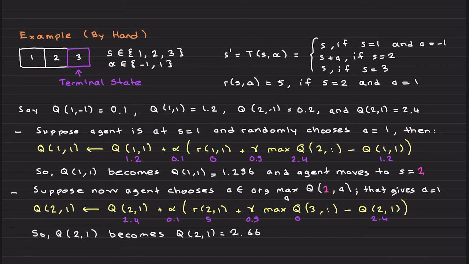I am not updating because if you reach the third, terminal state, the game is over, so 0. Minus the current value, 2.4. If you do this computation, this side becomes 2.66. So the new Q21 becomes 2.66, a higher number.